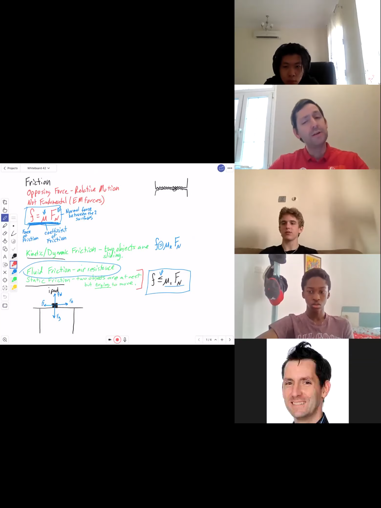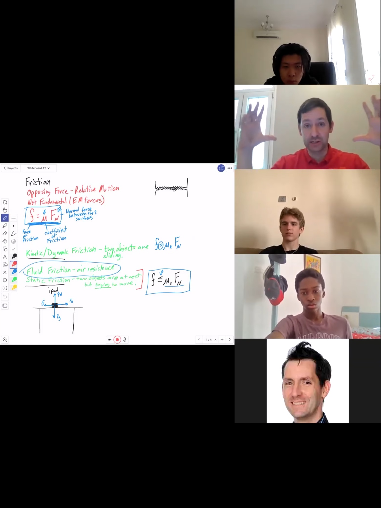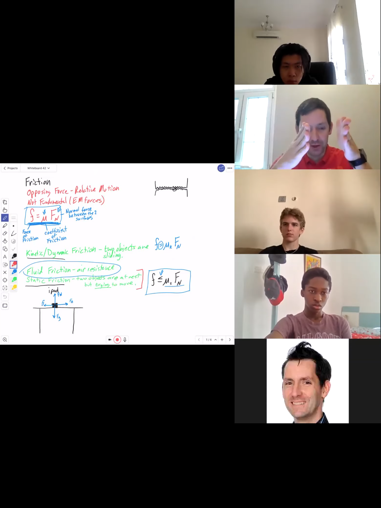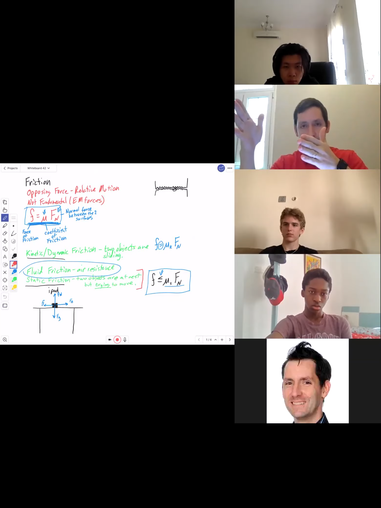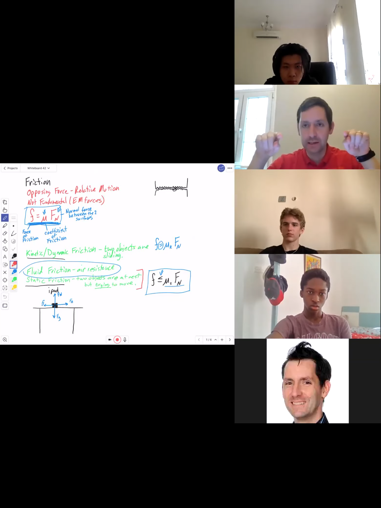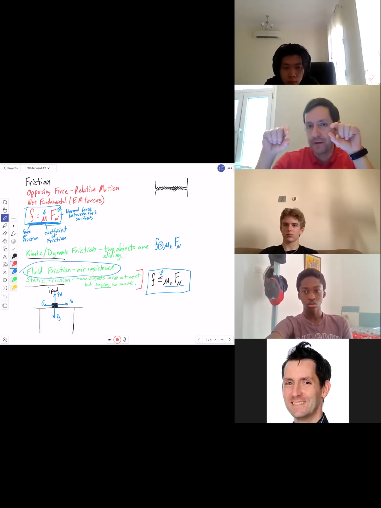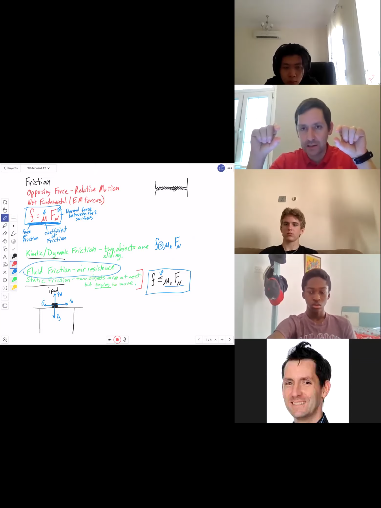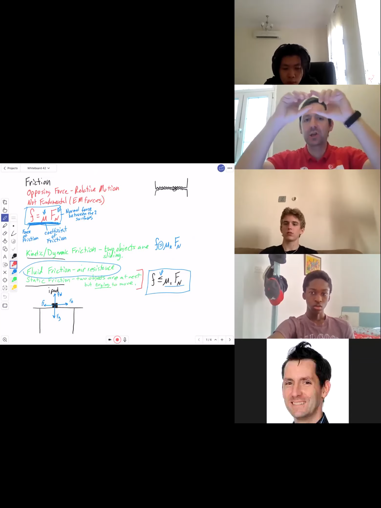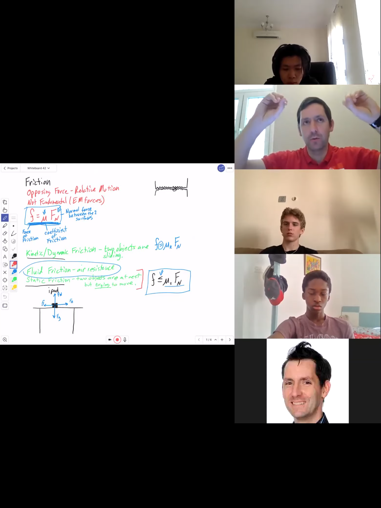Those 3? No, because they're different situations, right? The first one is the general situation. It says you get friction by multiplying the coefficient of friction by the normal force. The other 2 are like subcategories. It's saying, yeah, you multiply by the coefficient, but the coefficient is different if it's moving or if it's at rest. So the top one is just like saying, this is quadratic equations.